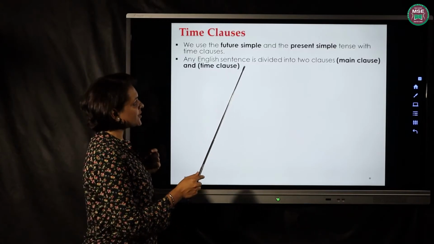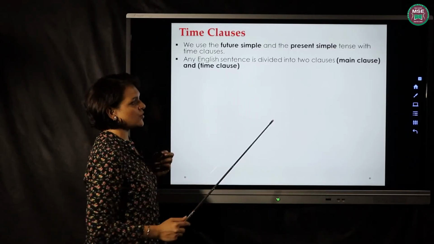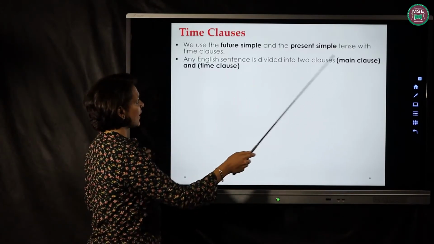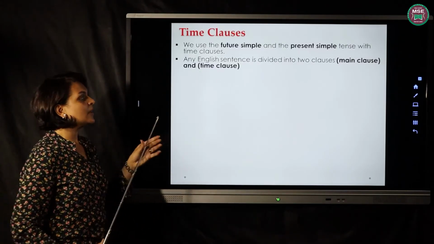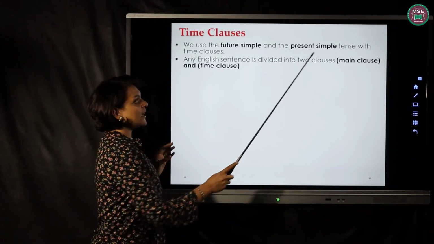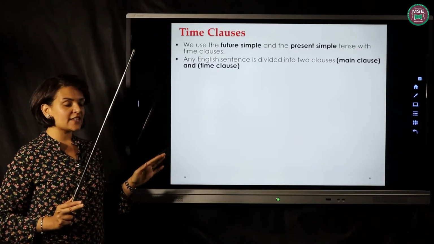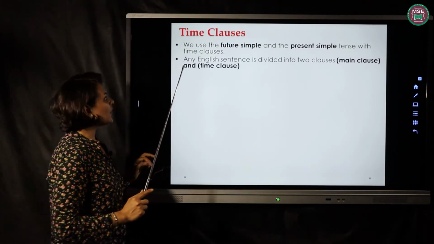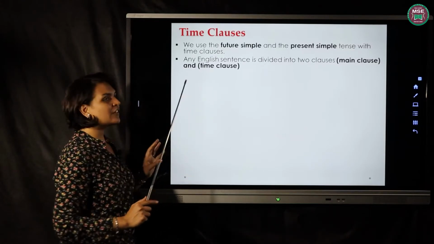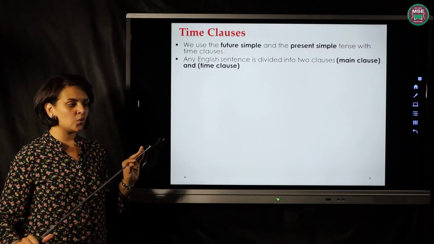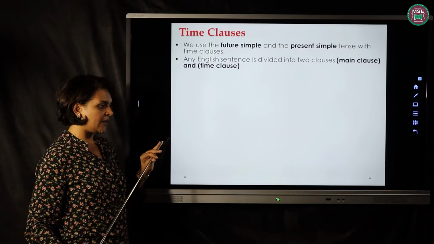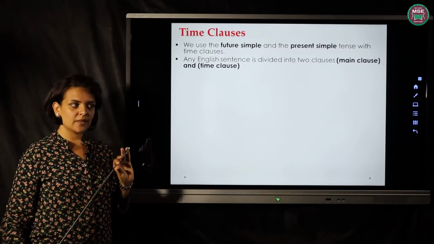Any English sentence is divided into two clauses, the main clause and the time clause. The main clause is the important part that can give us a meaning if it stands alone. But the time clause cannot give us a meaning if it stands alone. What does it mean when I say after 10 o'clock and I stopped?